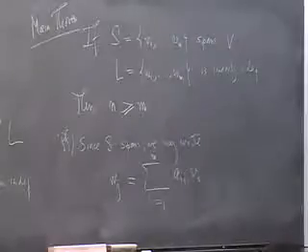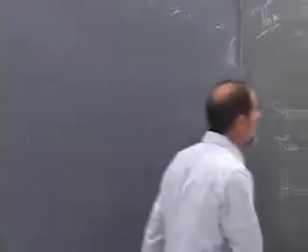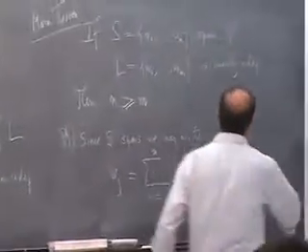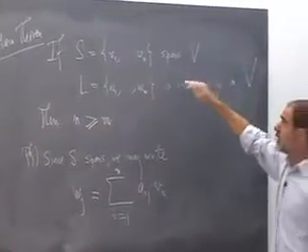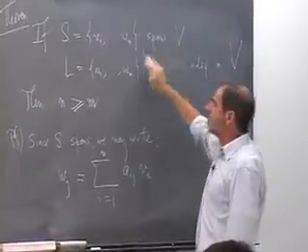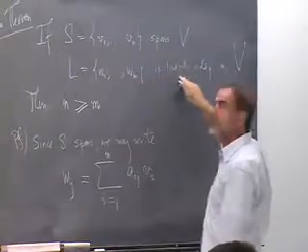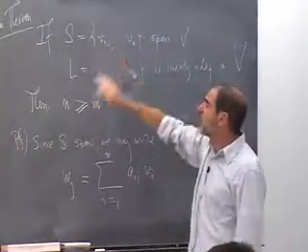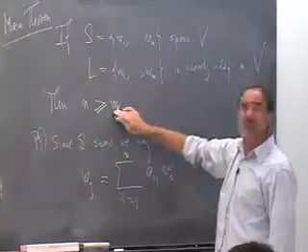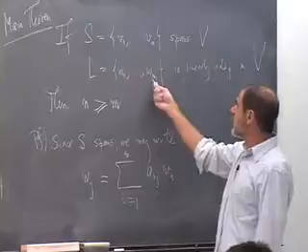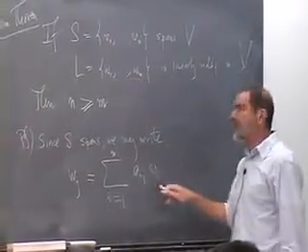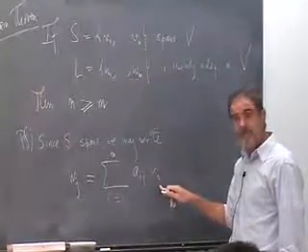Everything is in the same vector space V, but they're just different sets of vectors. So I have one set with n elements that spans, another set with m elements that's linearly independent. I'm going to show that whatever those sets are, the number of elements in the first is at least as large as the number of elements in the second. So I write every element in the second, which is an element in V, in terms of the spanning set, like this.